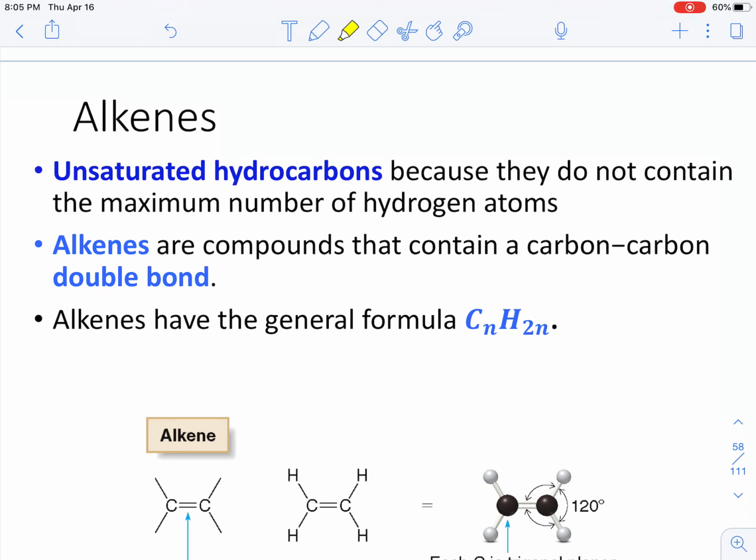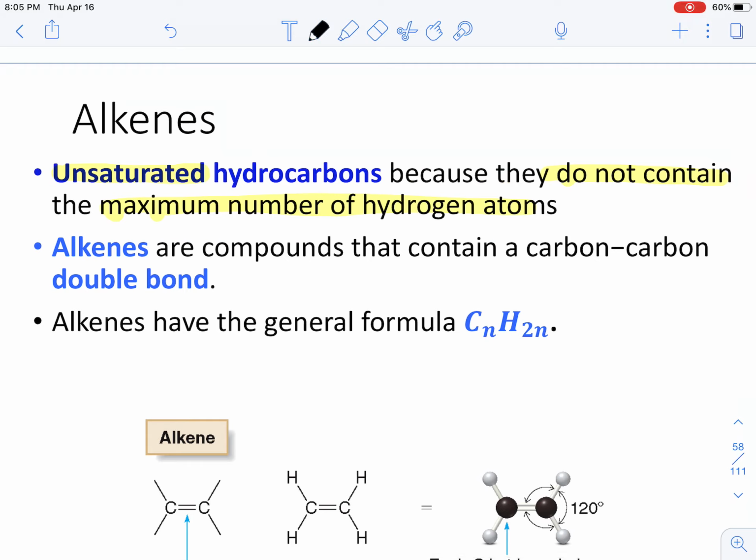And so alkenes are unsaturated hydrocarbons. This word unsaturated, we've seen it once before when we were talking about cycloalkanes. In short, anything that's unsaturated does not contain the maximum number of hydrogen atoms that carbon could have, right? If you recall, a carbon needs to have 4 covalent bonds.